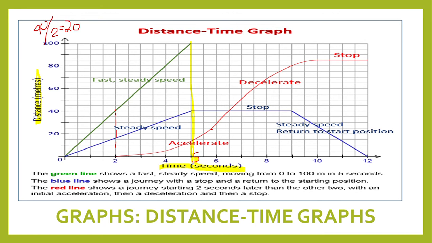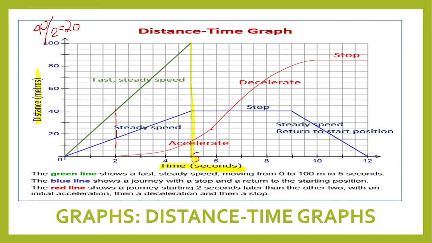the speed is basically the gradient of this graph, right? The gradient is the rise over run, the change in the y quantity divided by the change in the x quantity. If you look at it, the gradient of a straight line is always constant. It is always the same number, which in this case happens to be 20.